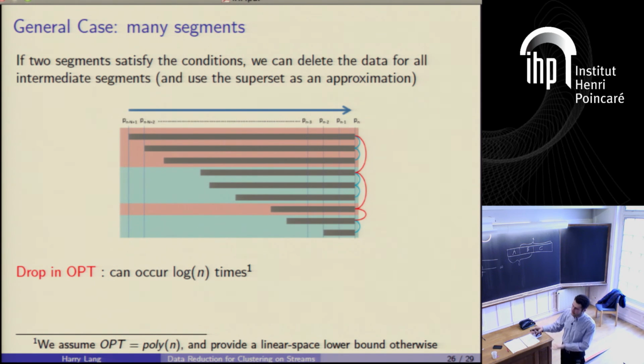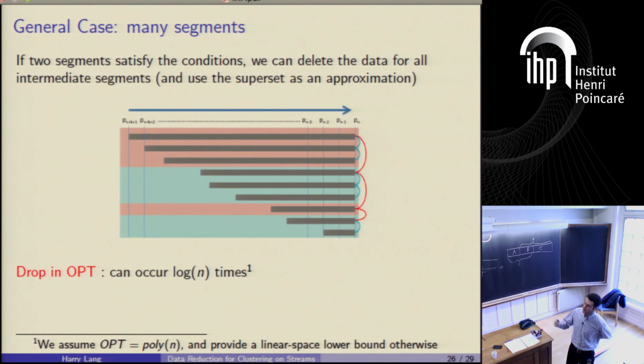Not really, but that's our assumption, polylog n, that OPT is polynomial in n. Because if it isn't, then, well, I shouldn't say a linear space lower bound. We have a super polylog space lower bound. And in general, if you have some kind of exponentially decreasing series as your points, you'll need to use linear space. But this is kind of a pathological thing.